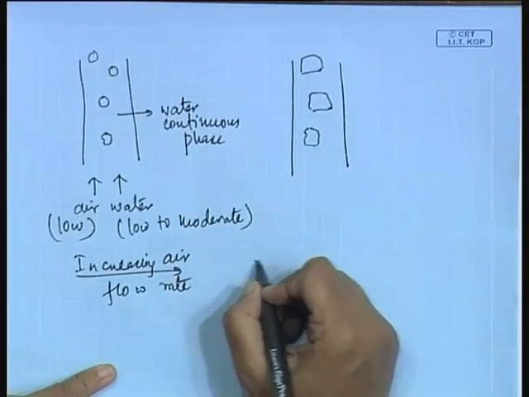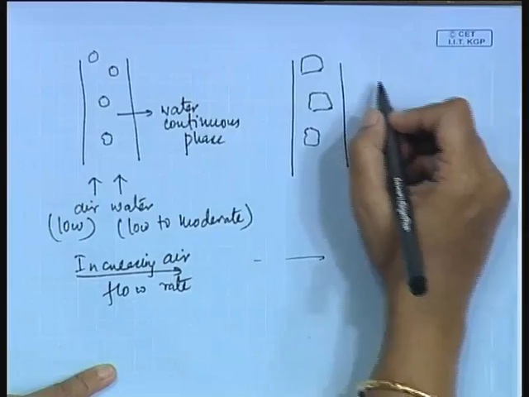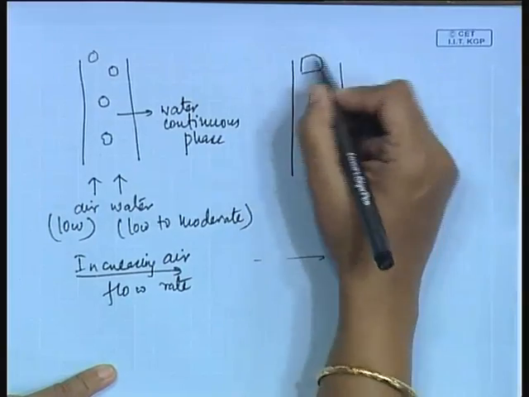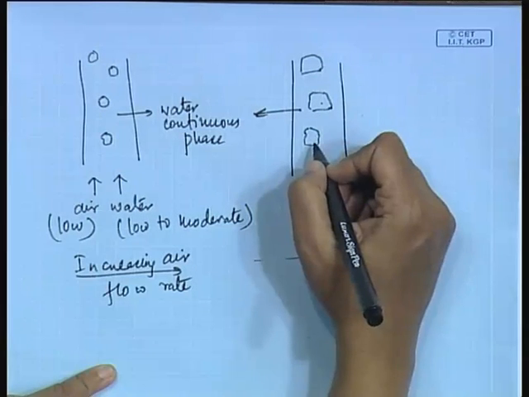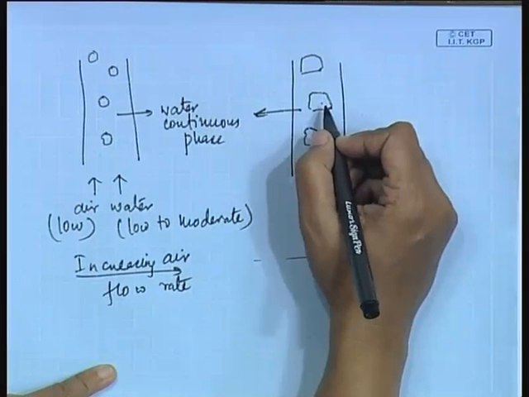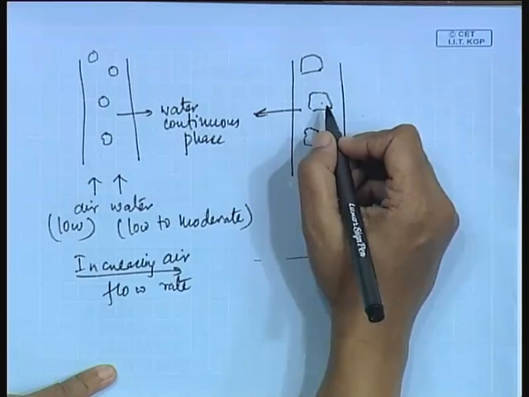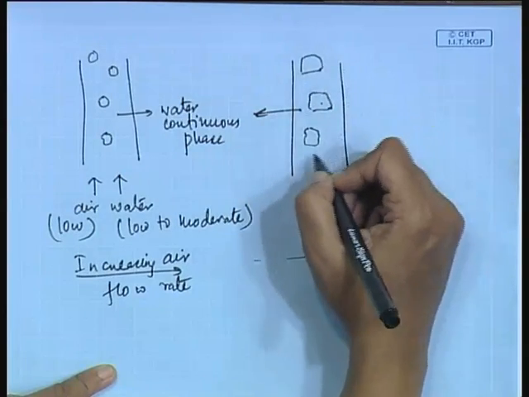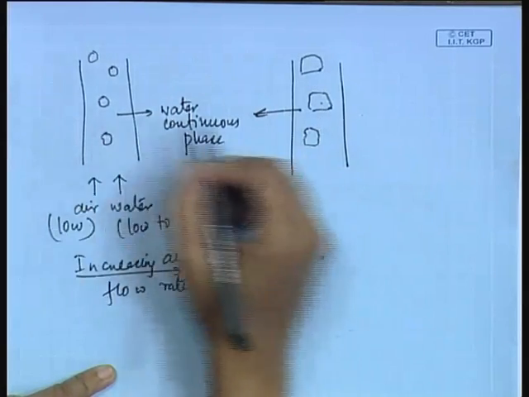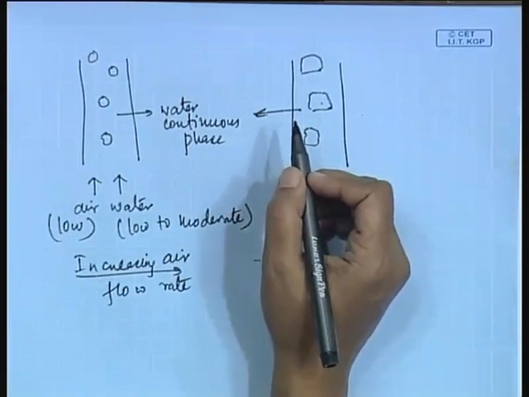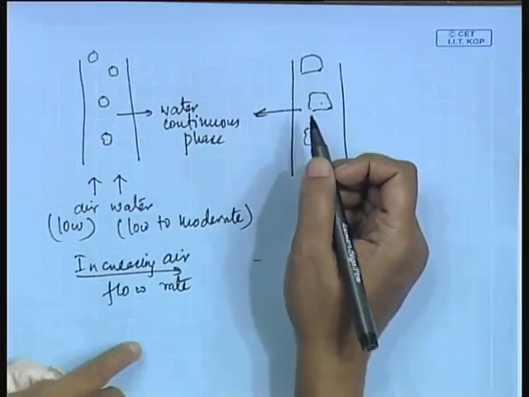Keep on increasing the air flow rate more and more. But in this case also we find that water is the continuous phase and gas is the discontinuous phase, more or less dispersed within the continuous water phase. So, from here to here, maybe the shape of the bubbles has changed, but the basic characteristic remains the same.